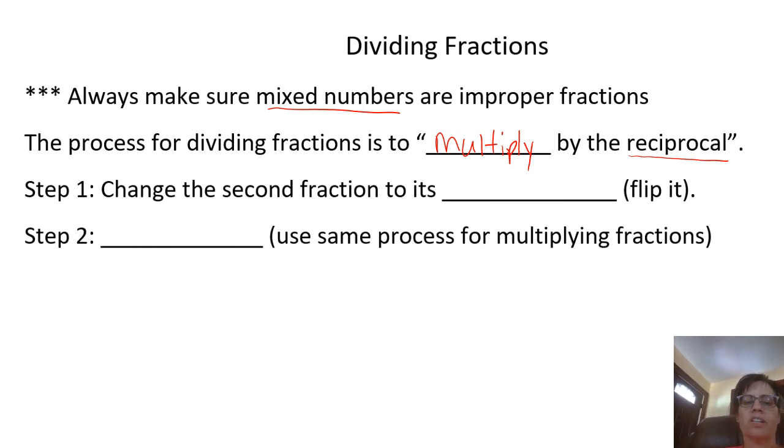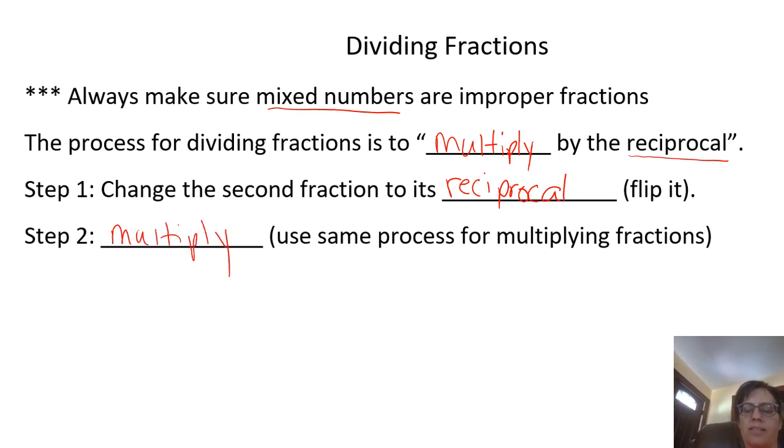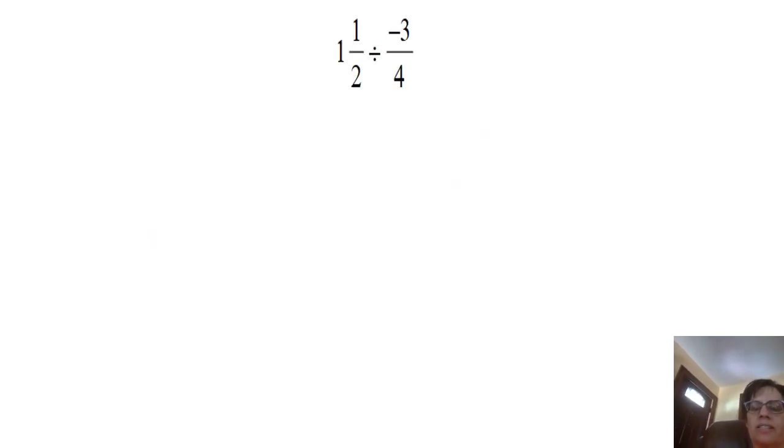So step one is you're going to change the second fraction to its reciprocal, which most kids say, just flip it. And then step two is you're going to multiply using the same process that we learned yesterday for multiplying fractions. So let's go straight to looking at some examples.